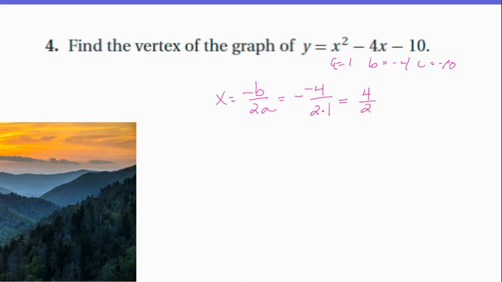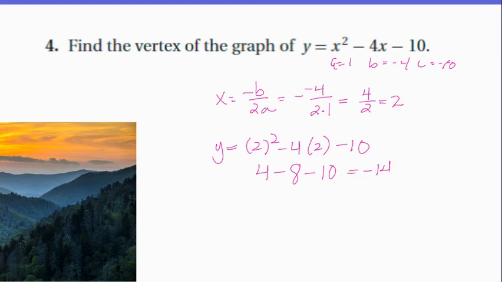So +4 over 2 is +2. And I'm going to take that and plug it in. Y equals 2 squared minus 4 times 2 minus 10, which is 4 minus 8 minus 10. And I think I get -14. So my vertex would be at the point 2, comma, -14, if I did it right.